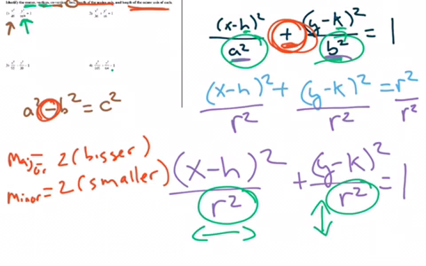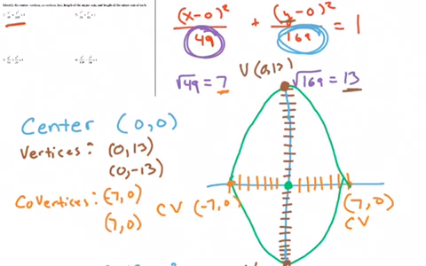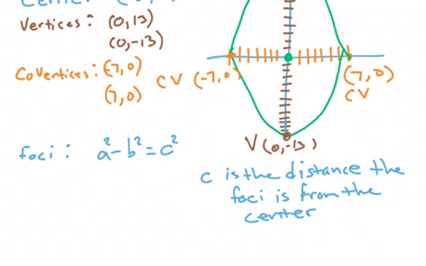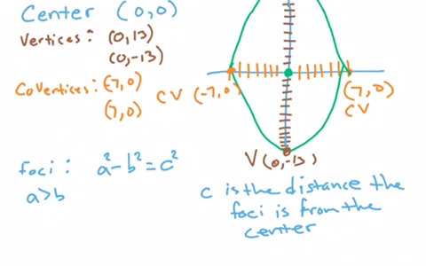And other people will say a and b correspond to whichever is bigger, so they'll say something like a is greater than b. Okay? So over here, if we assume that a is greater than b in this formula, which I have to assume in order for it to work effectively, the bigger one is going to go here. And the reason we do that is because we want the difference to be positive and not negative. Okay? So the bigger one is a squared.